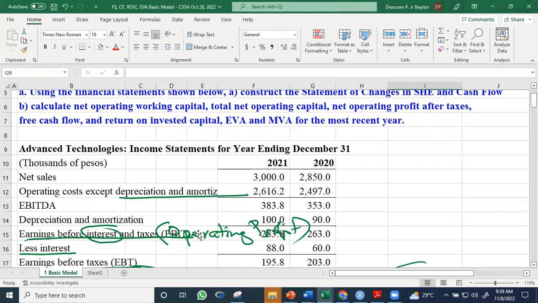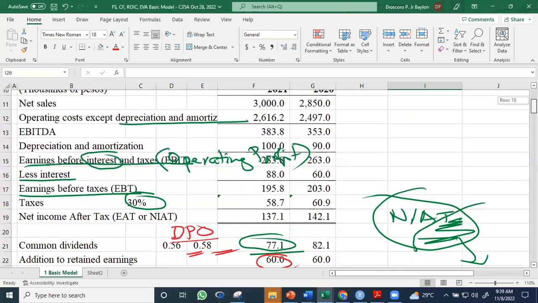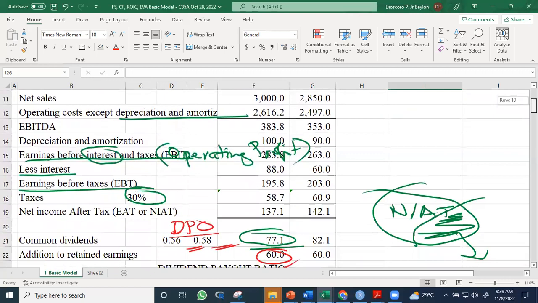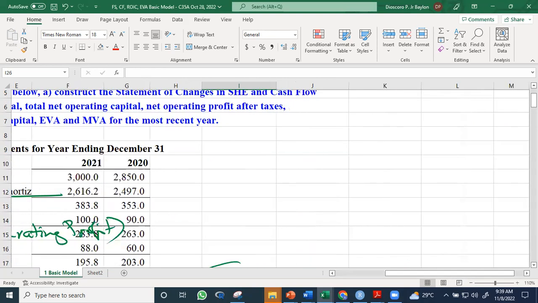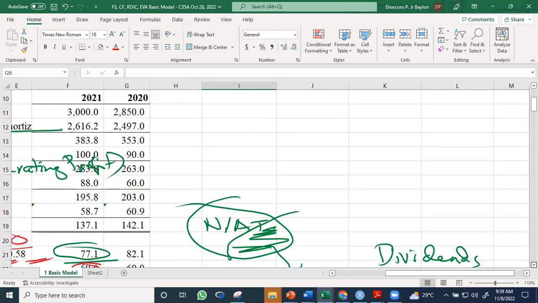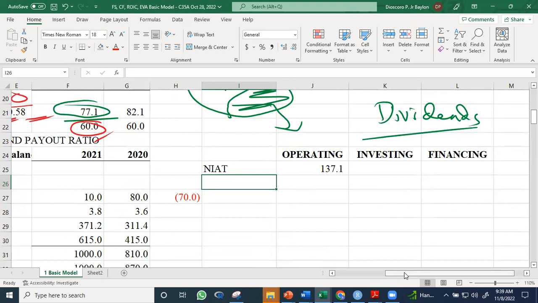We subtracted depreciation and amortization. Diba? From EBITDA 383, we subtracted depreciation and amortization to arrive at your EBIT 283. And so, in order to adjust this, we have to add back the depreciation and amortization because it was subtracted to arrive at the net income.